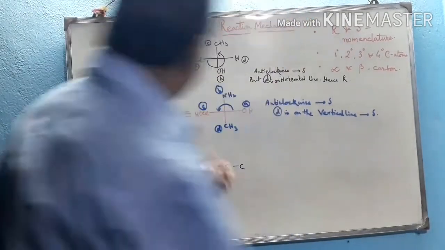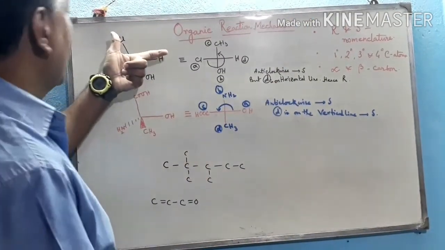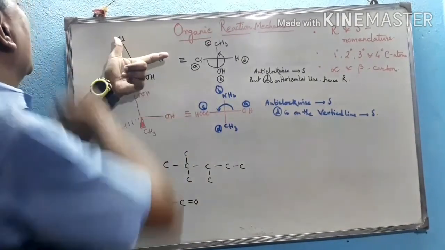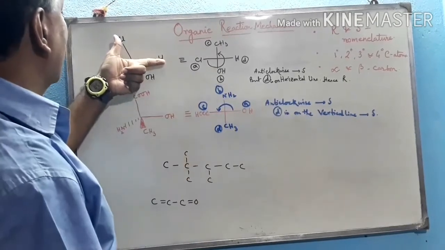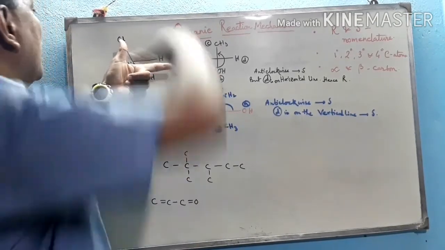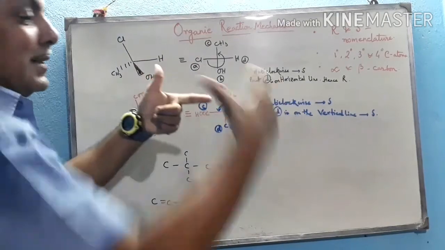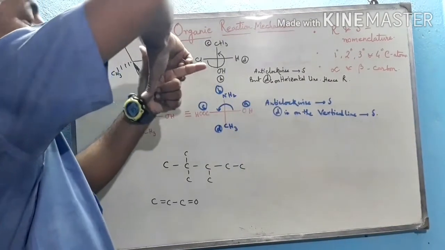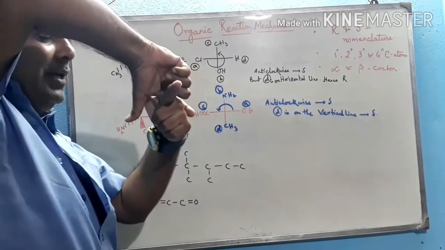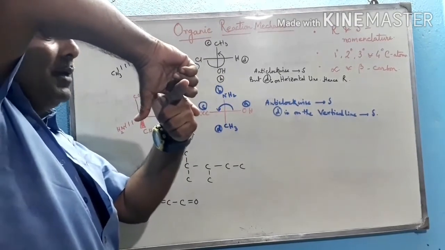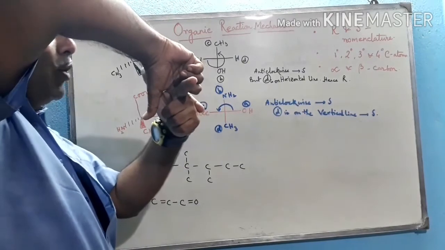How does it come? See this, Cl and H. Left thumb expresses the Cl and H, denoted by the directional finger. Now, below the plane, see this CH3 group, and towards me actually, this is my right thumb, it denotes the OH group.